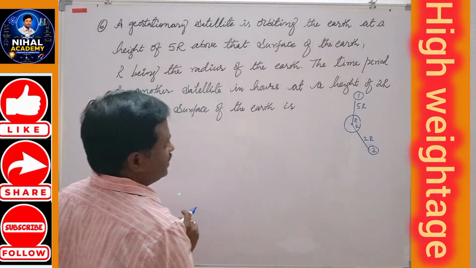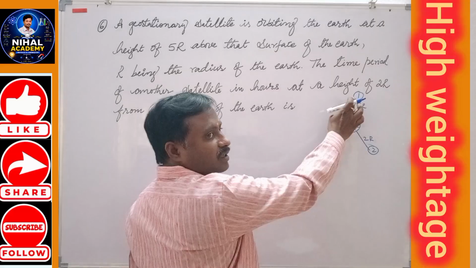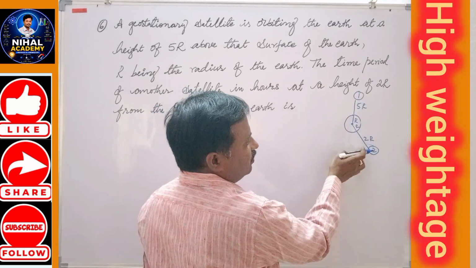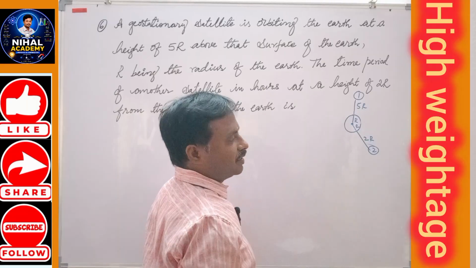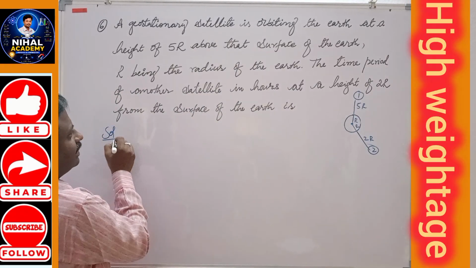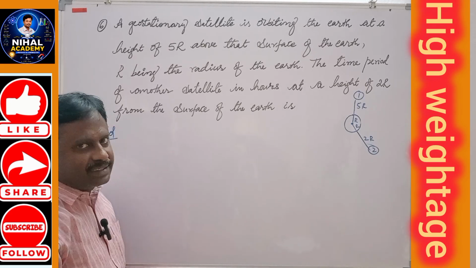So we can understand that the total distance of the first satellite is R plus 5R, that is equal to 6R, and the second one is R plus 2R, equal to 3R. So what we have to calculate is the time period of the second satellite.